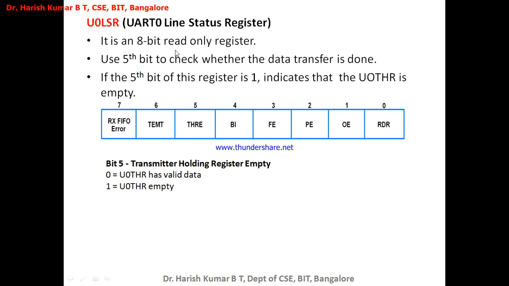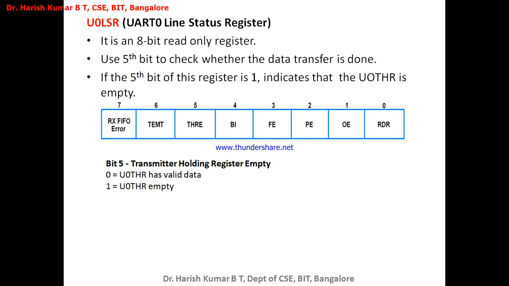And then one more register which we'll be using is U0LSR, the line status register, just to check whether the data transfer is completed or not. If the 5th bit of this register is 0, the data transfer is not yet completed. If the 5th bit of this register is 1, the data transfer is completed. U0THR is empty, which is nothing but the data transfer being complete.